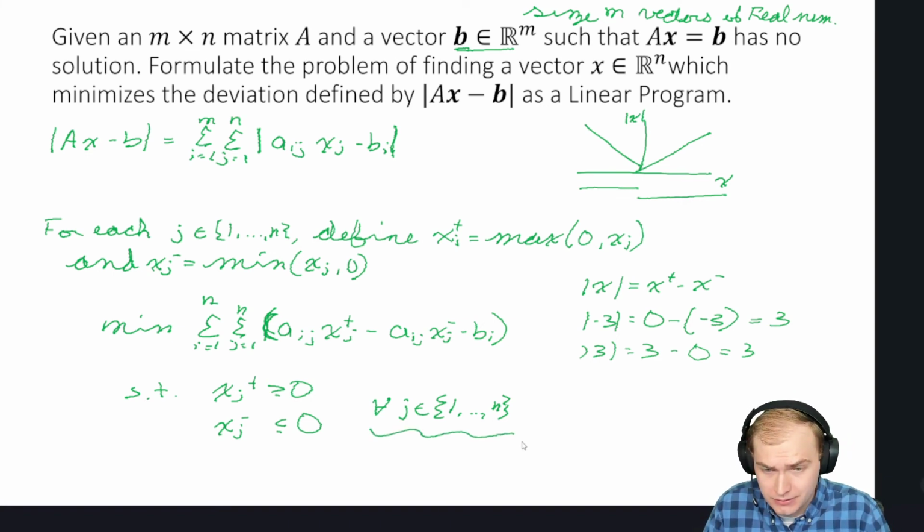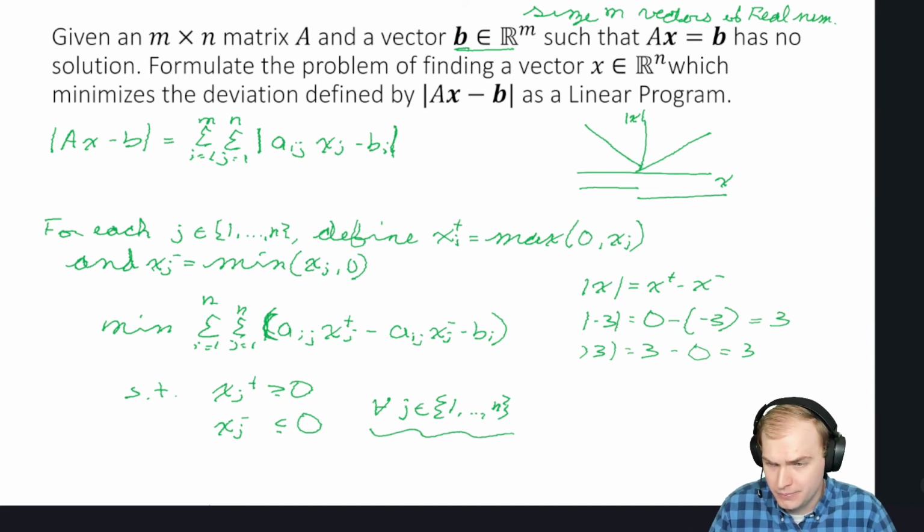This notation, I haven't shown this off before, I don't think. This just says that these two constraints apply if I swap out the j for one of these indices between 1 and n.